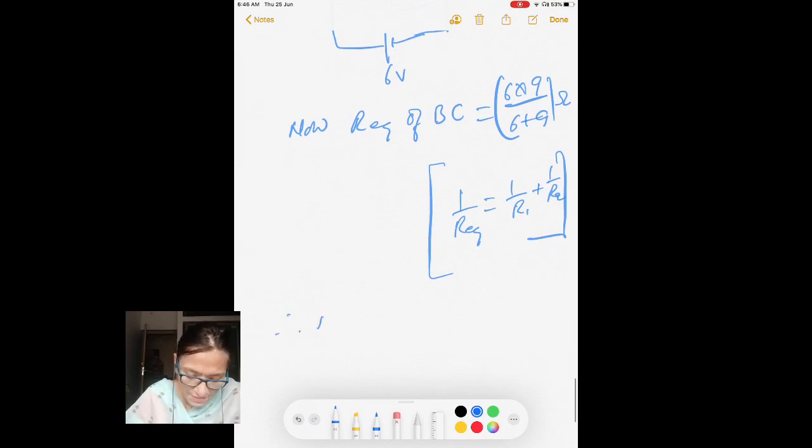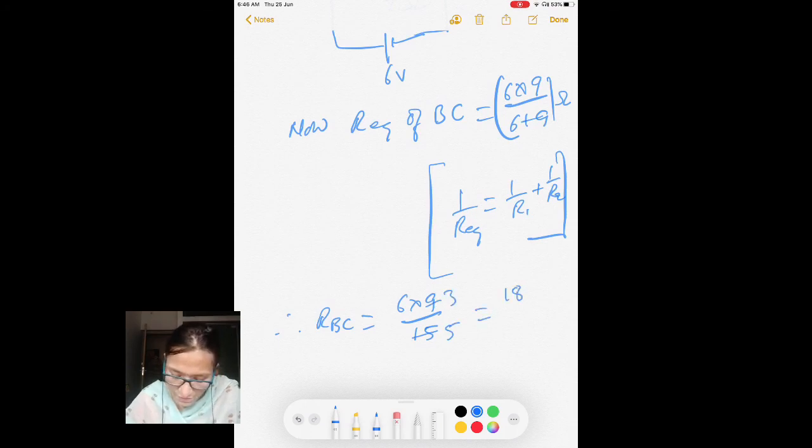Therefore, RBC is equal to 6 into 9 upon 15. 3 5 are 15, 3 3 are 9. 18 by 5 ohm.